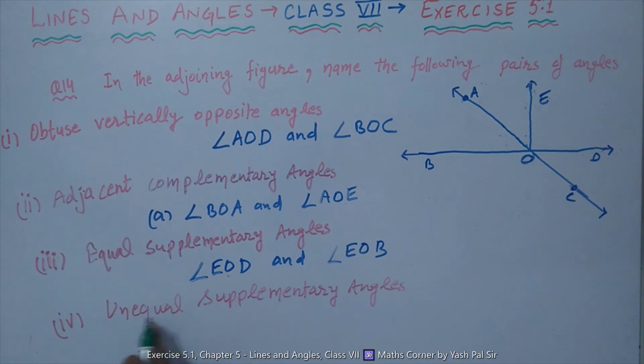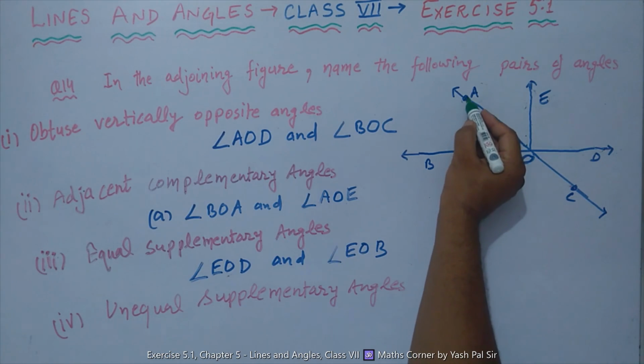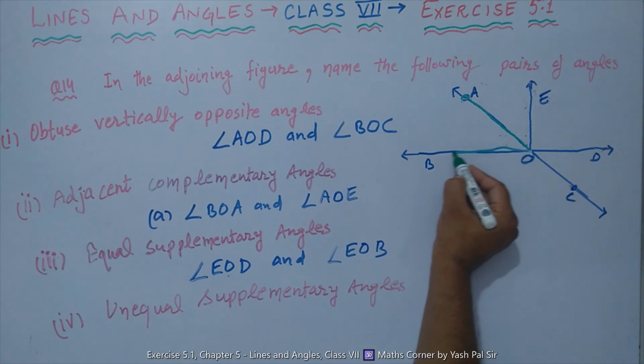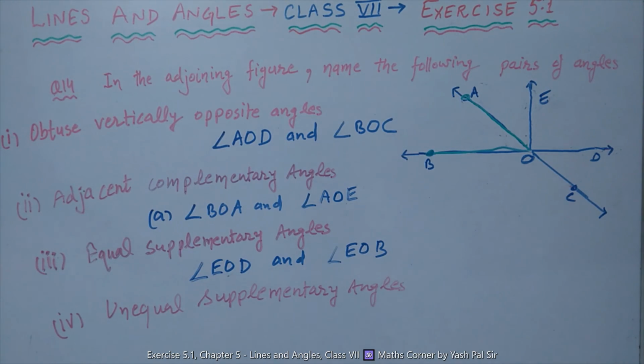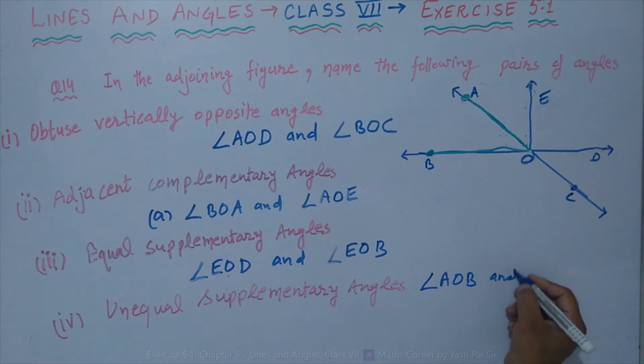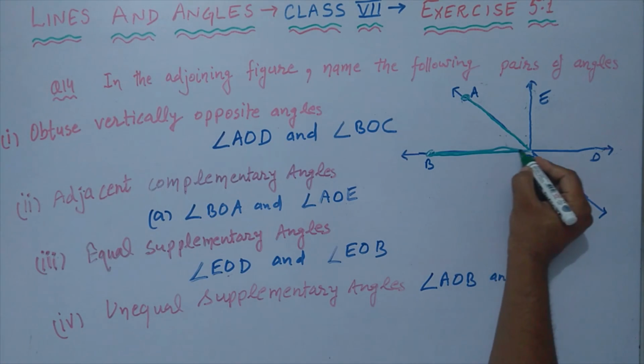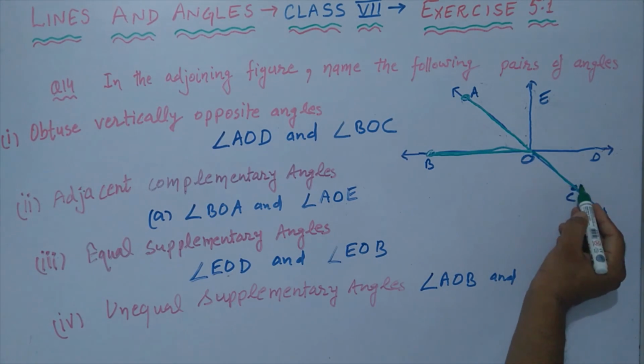Next is unequal supplementary angles, part number 4. So we see here angle AOB and angle BOC.